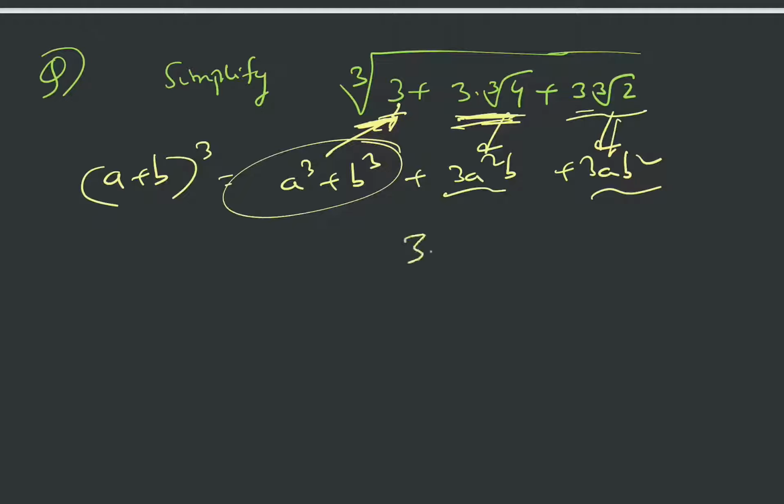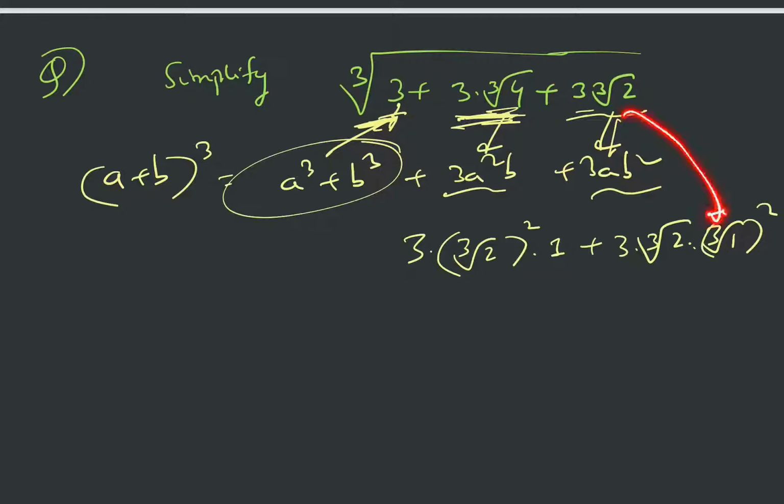So you can see that if you compare 3 and cube root 4, you can write it as cube root 2 whole square, and you can write it as 1, right? Plus 3 into a, you can write it as cube root 1, into b you can write it as, okay, a is cube root 2, let us use a as cube root 2, and b is cube root 1 whole square, which is 1 only, right?